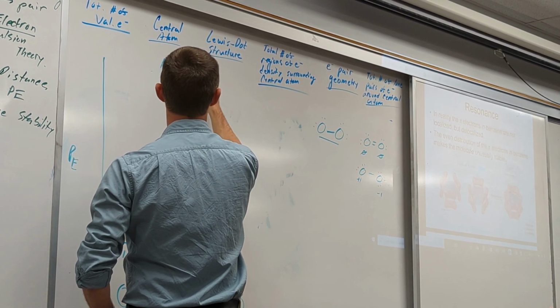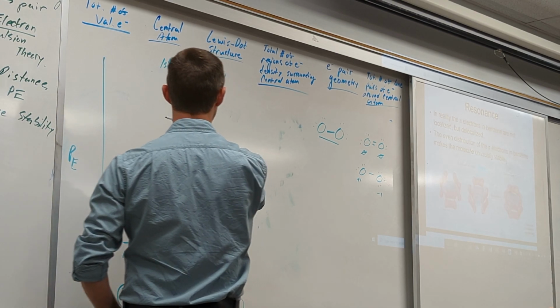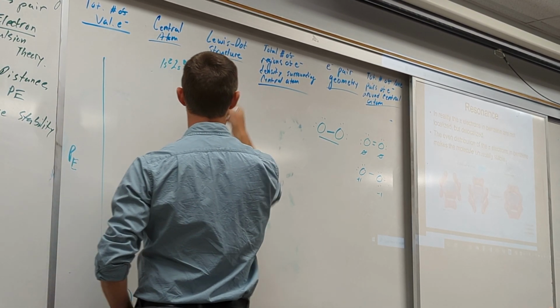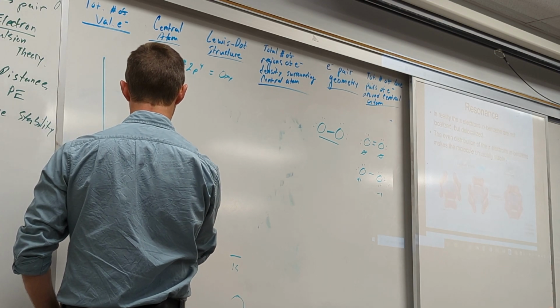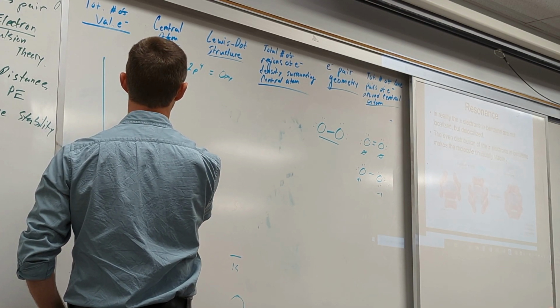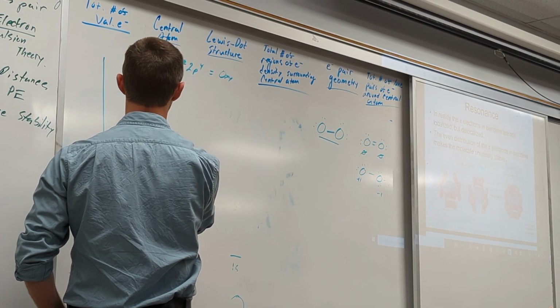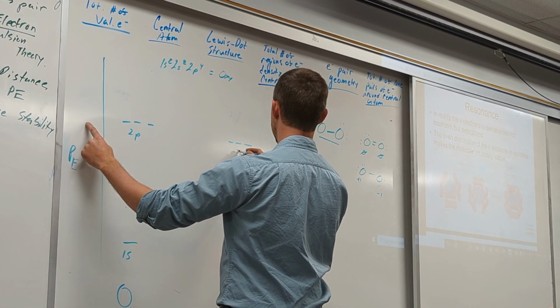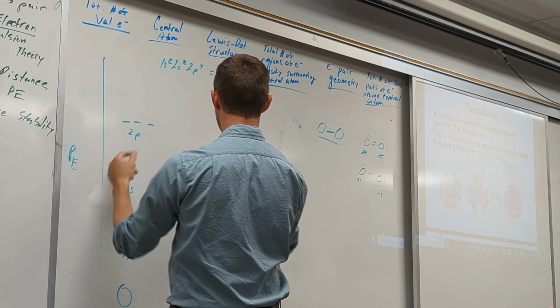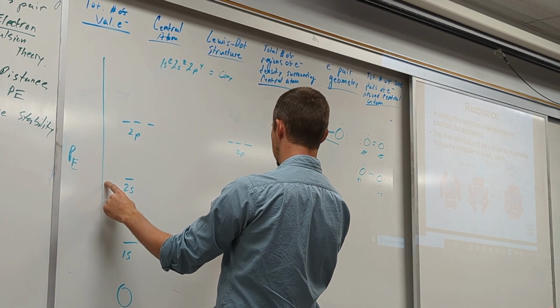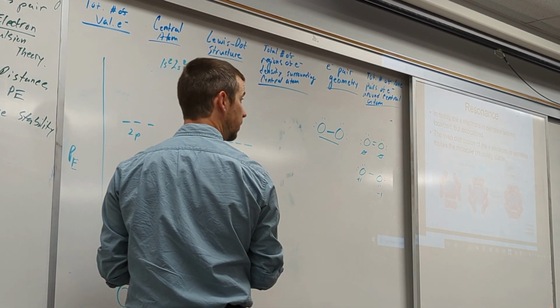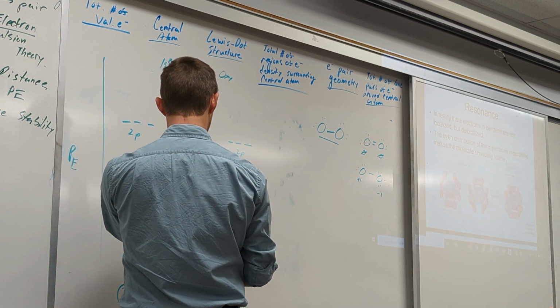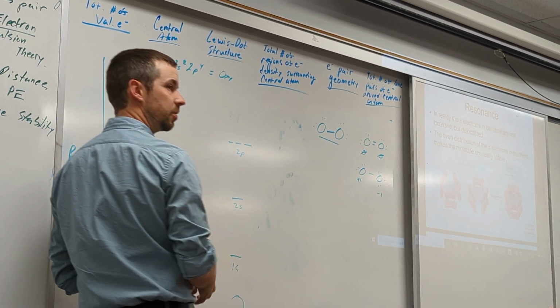This is just for oxygen. I'll try to be careful about the heights of these. The 2p's should be at the same level, the 2s's should be at the same level. Should they all be on top of each other? For this, yes, it's just simpler.